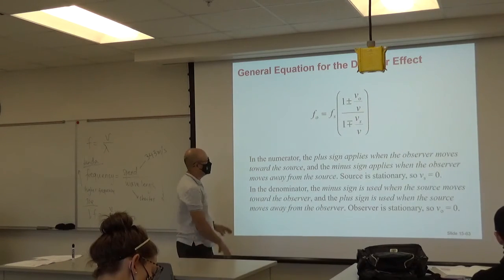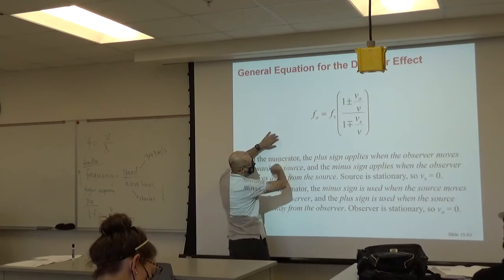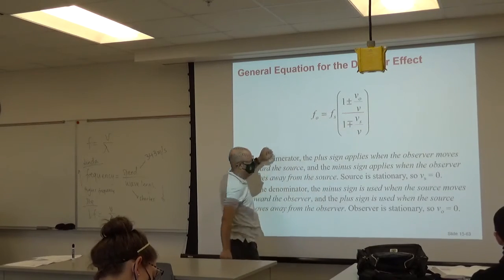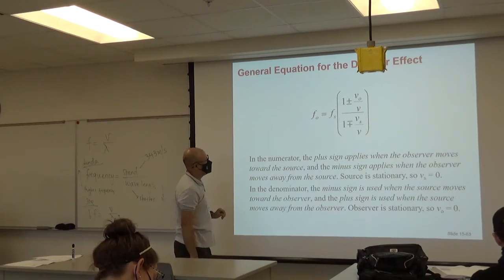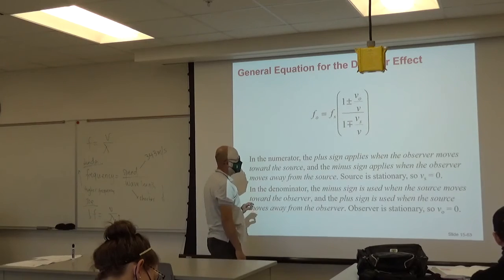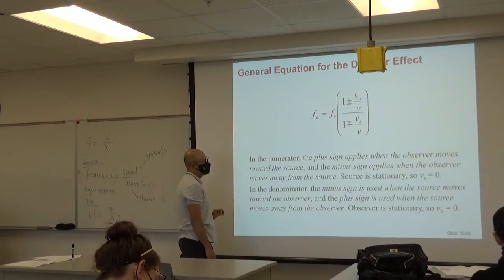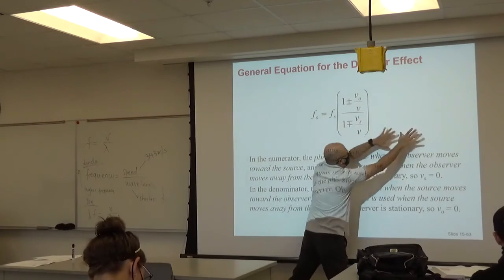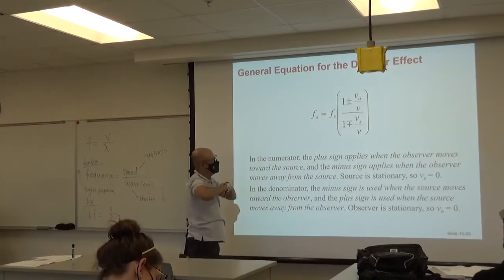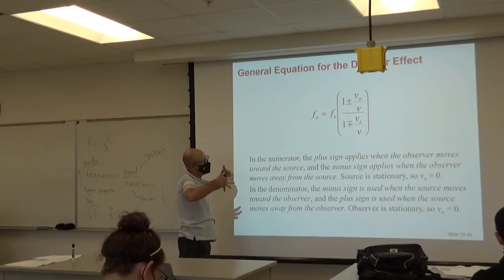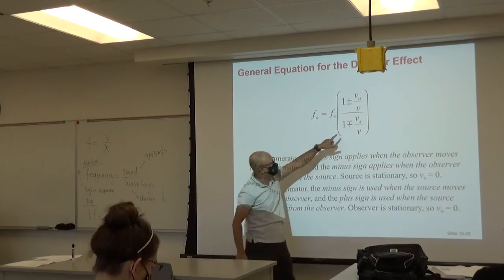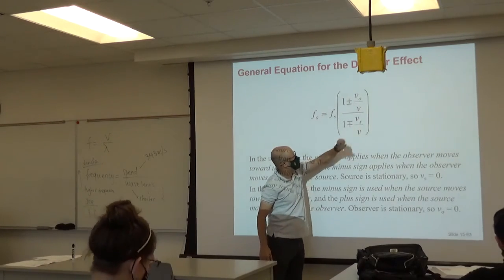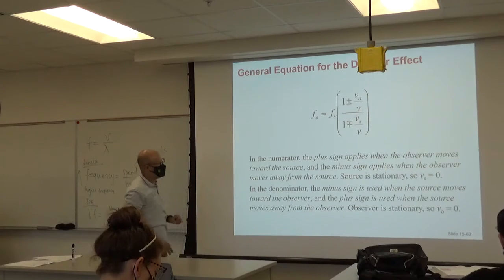We use minus sign if the observer is moving away from the source. Plus for moving towards the source, and minus for moving away. And when the observer is moving, this would be 0 because the source is at rest.